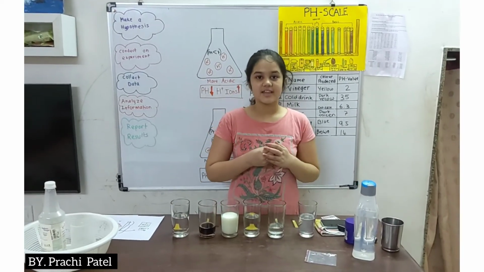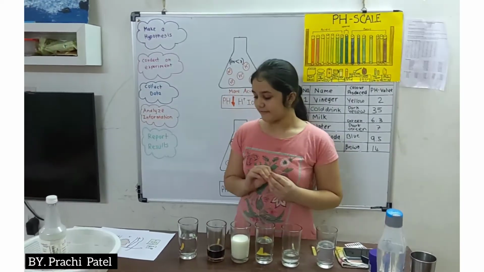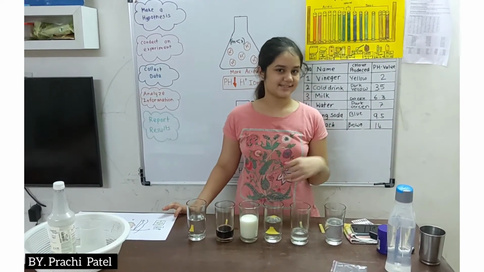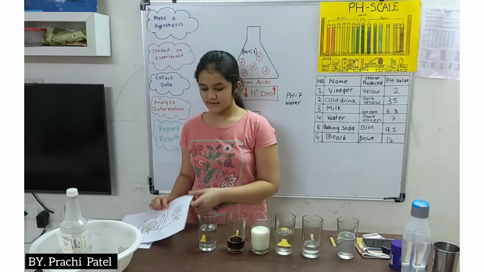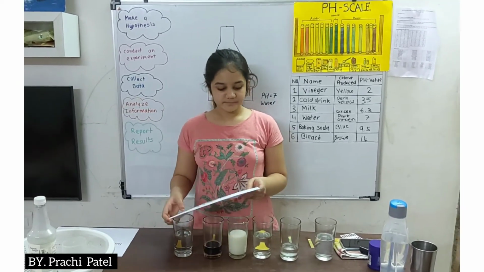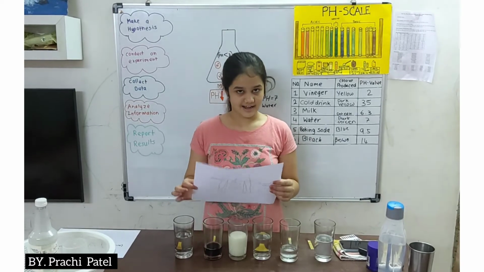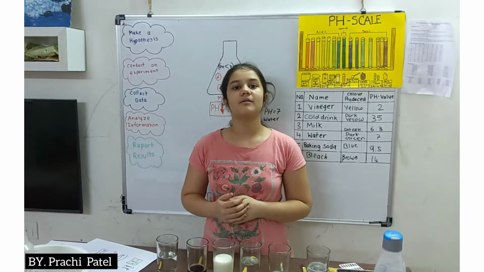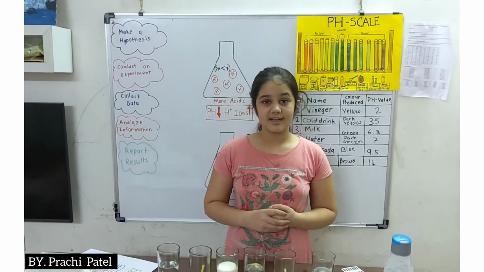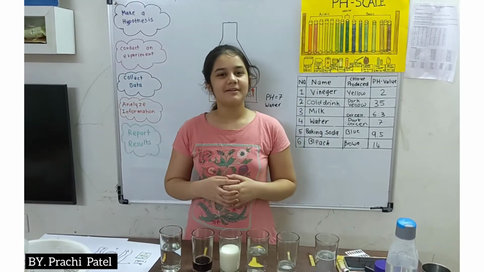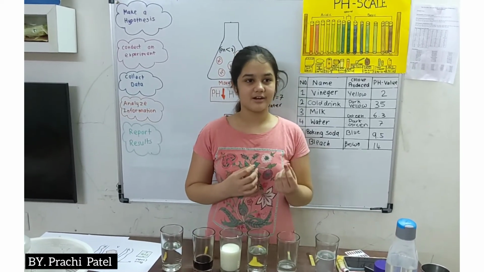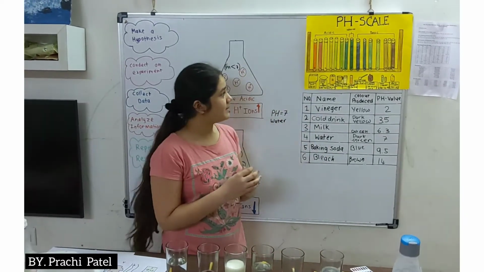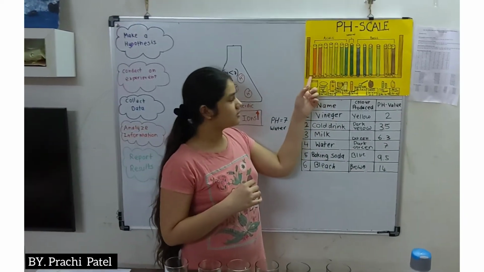Now let's see how pH value also affects our daily life and nature, like plants, trees, and so on. So let's see first the pH value effects in our daily life. Sometimes when we eat too much food, we have a problem of acidity. In that case people take ENO, which is kind of a baking soda. Now when we have acidity, our pH value is around 1 to 0.